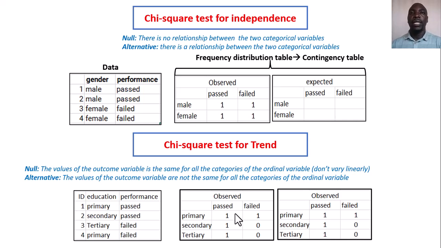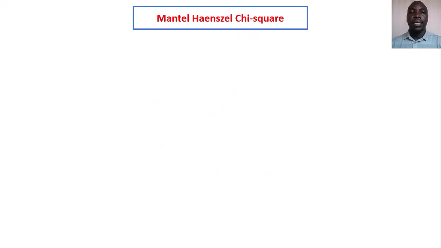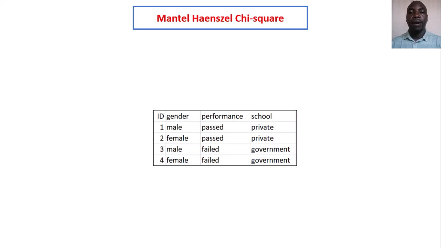You don't expect performance to depend on whether someone is in primary, secondary, or tertiary. That's what we are testing here. And the alternative says the values of the outcome, our performance, may not be the same for all the categories of this ordinal variable.